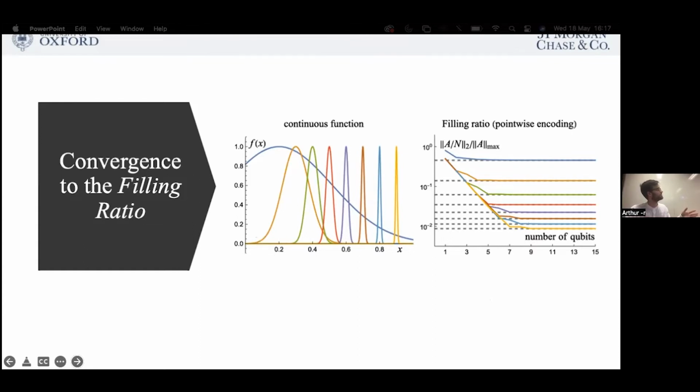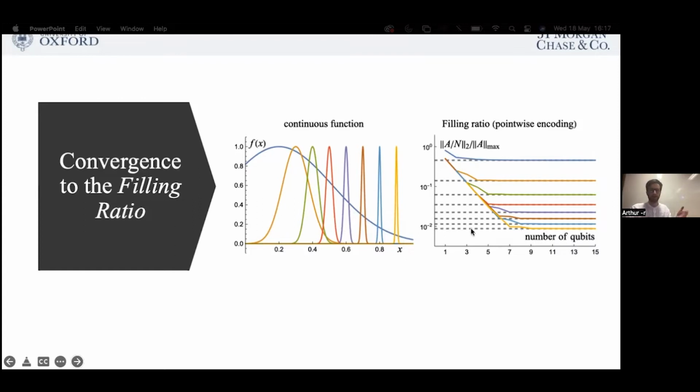So for example, this big wide Gaussian has a filling ratio that corresponds to this line on the top. So you can see as the function becomes more peaked, in this case as we decrease the variance of the Gaussian, the filling ratio decreases. The filling ratio of this very narrow Gaussian is 10 to the minus 2.